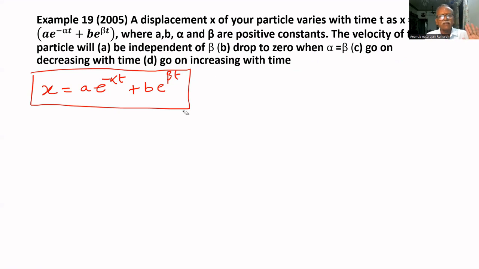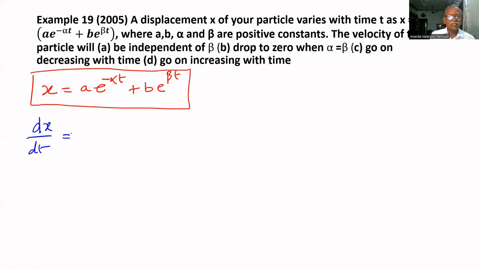First, let us find the velocity, because only displacement is given. To find velocity, we have to differentiate with respect to time, so we have to find dx by dt.